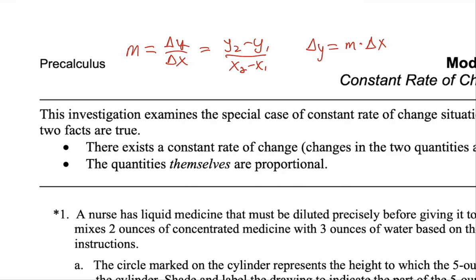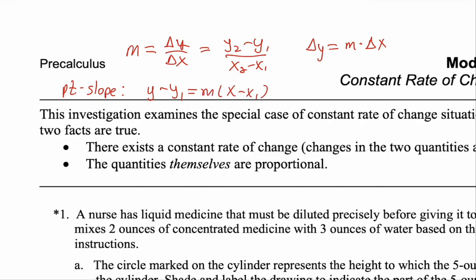And then a good equation, if you're looking for an equation or a formula to use for that particular situation, is your point slope formula. It's y minus y1 equals m times the quantity of x minus x1.